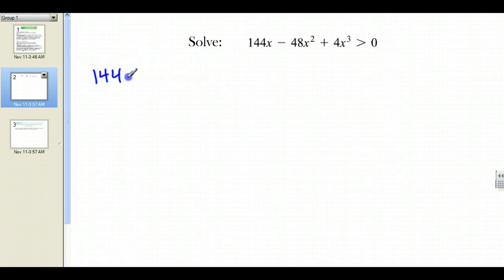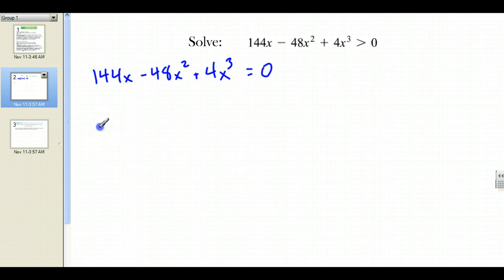So 144x minus 48x squared plus 4x cubed. I want to treat it as if it's equal to 0 and solve this. Now GCF here, there's an x in all of them.